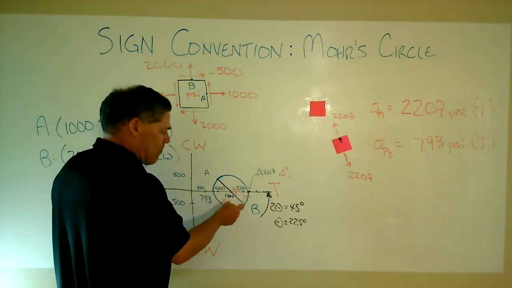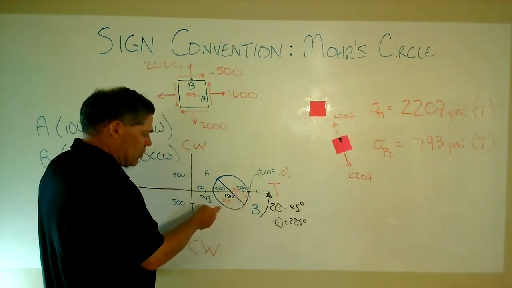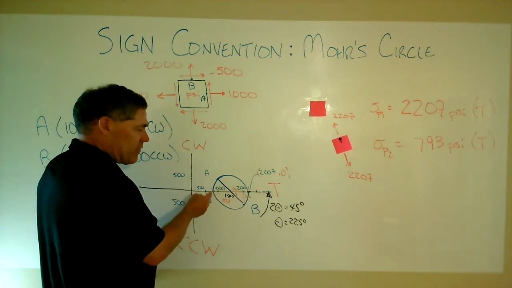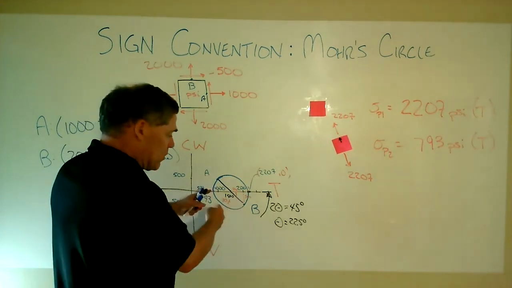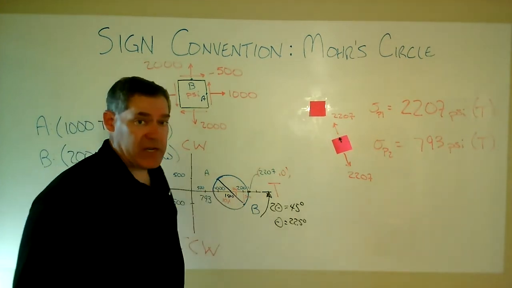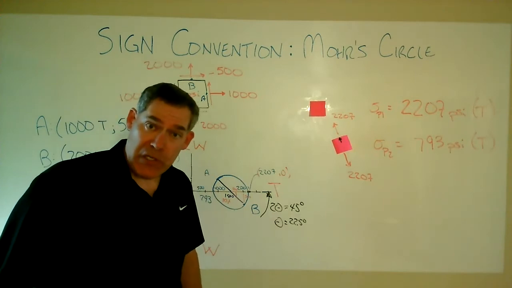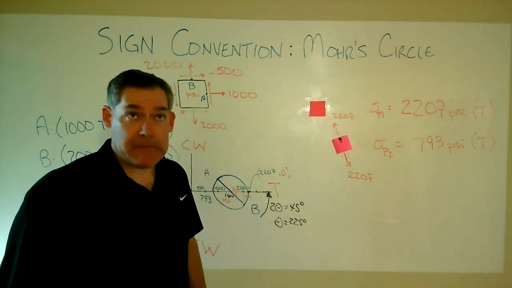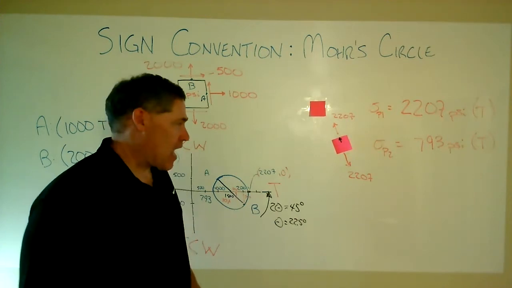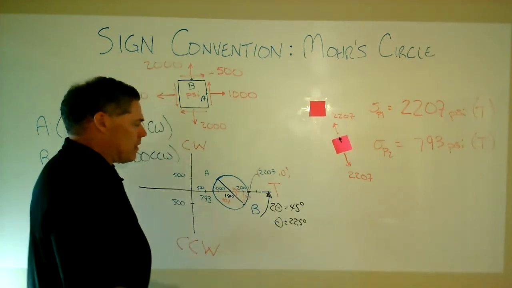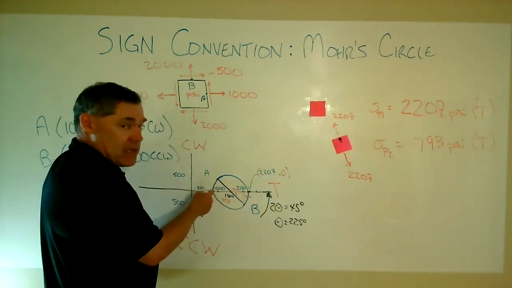Right, now to go from point B over to the other one, the 793, we could do it this way. That would be 135 degrees divided by 2, right? So it's going to be 67 and a half, I think, right? Or we could have done it this way, right?